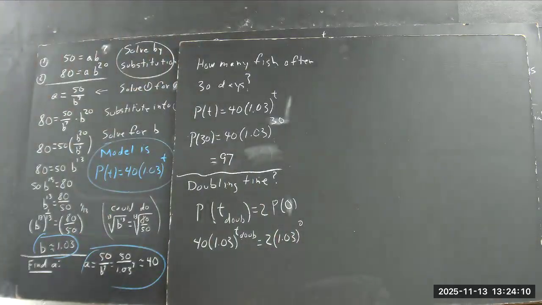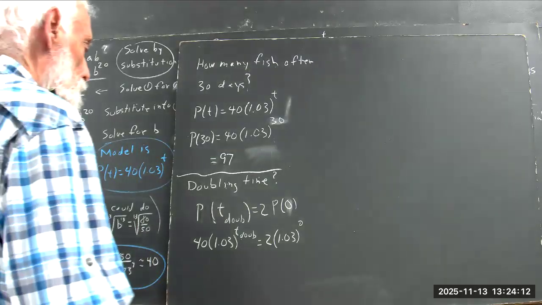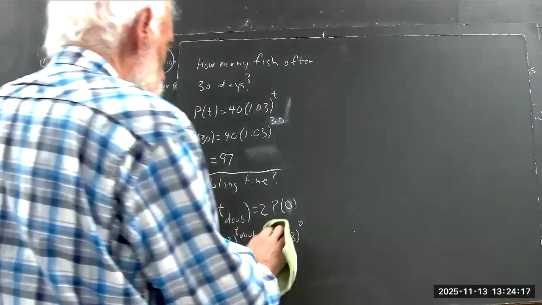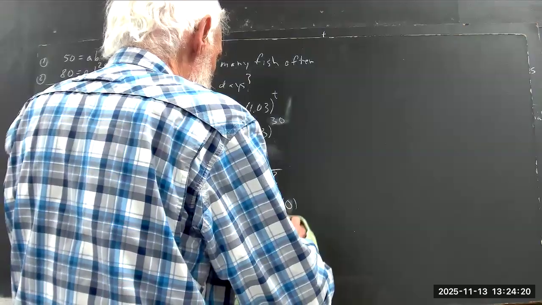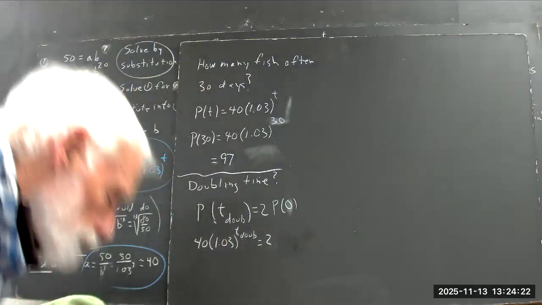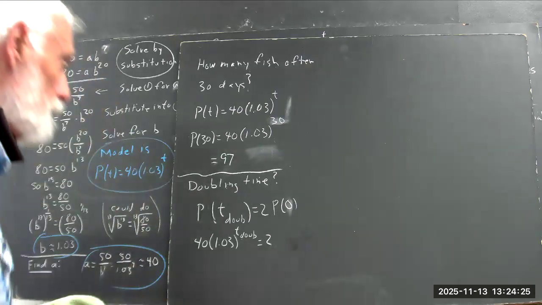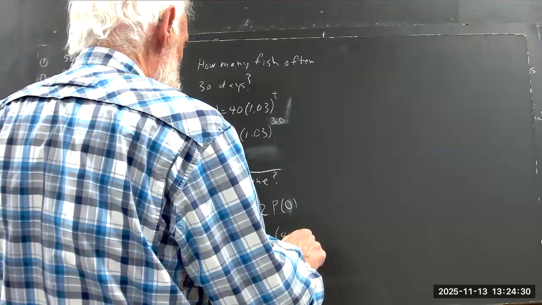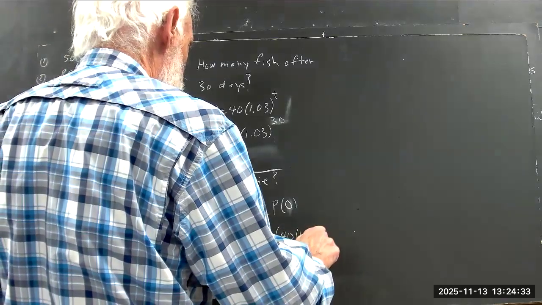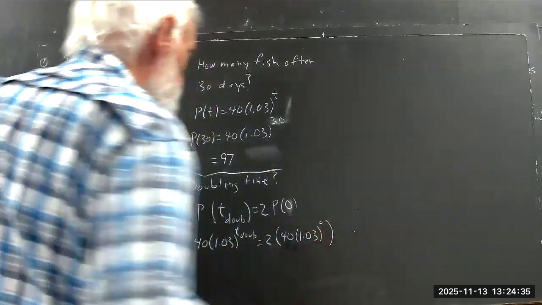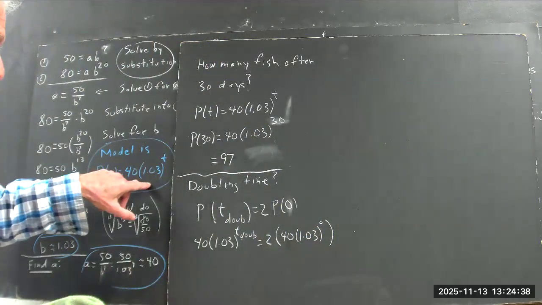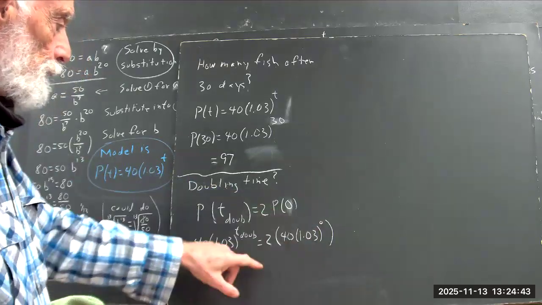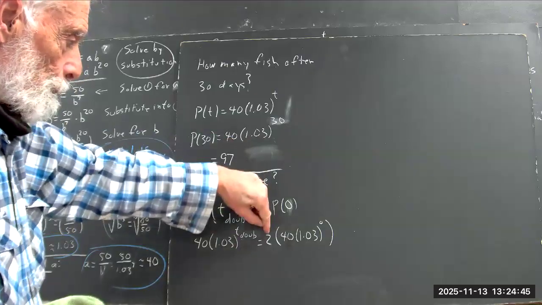How do we solve this equation? First of all, we write it out correctly. P of T is 40 times 1.03 to the T. So P of 0 is 40 times 1.03 to the 0, and we're doing double that.